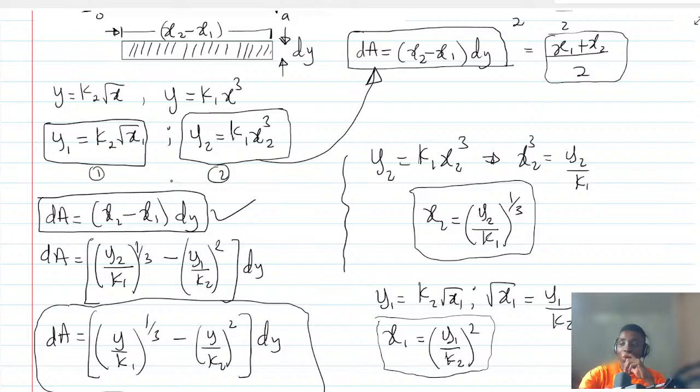Okay. Thank you very much, my good friend. So basically we just have to find the relationship between x1 and y1 here. Let me just copy everything and send it there.